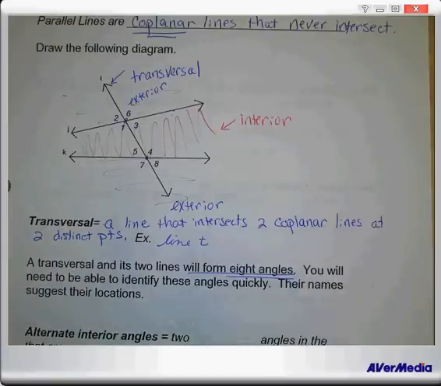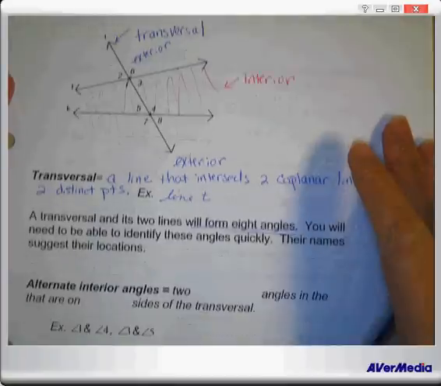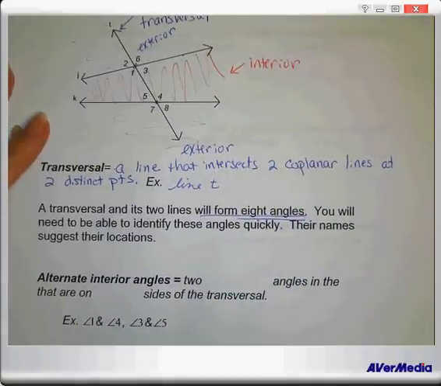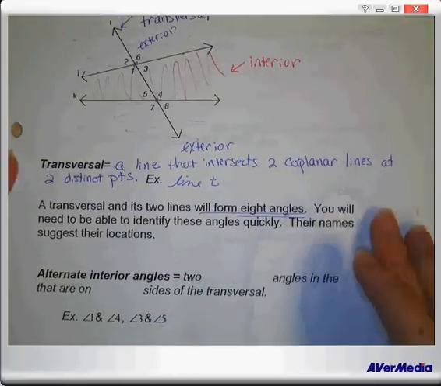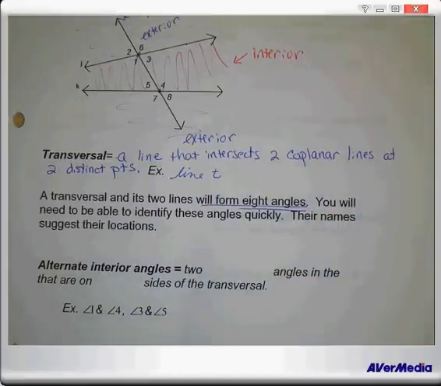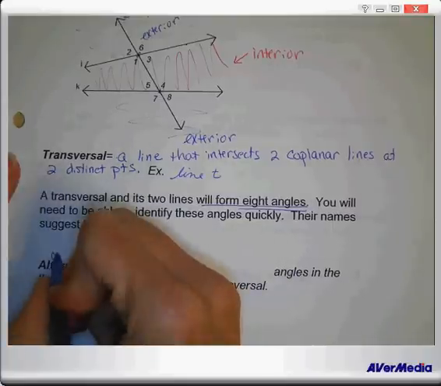And we want to be able to identify them quickly, so we give them very specific names. And their names kind of suggest where they're located. So you're going to have to be really good at knowing the definitions, because if we fulfill the definition, we know what we're looking for. So with alternate interior angles. When I use alternate, that means every other, right? Well, alternate also in geometry means opposite sides, okay?